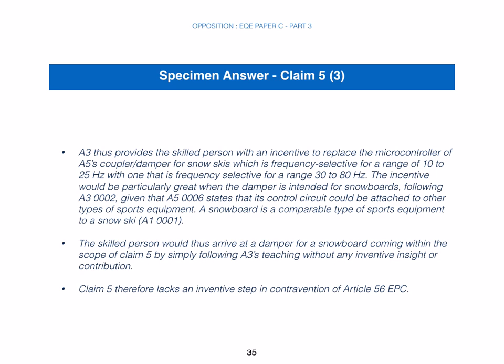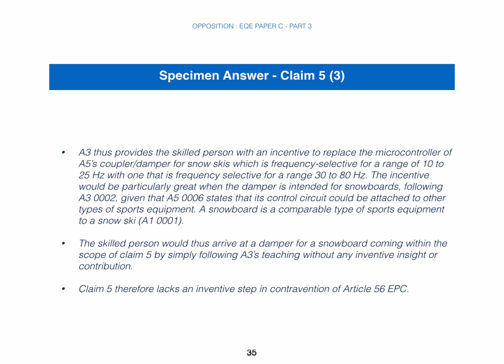The incentive would be particularly great when the damper is intended for snowboards, following A3 paragraph 2, given that A5 paragraph 6 states that its control circuit could be attached to other types of sports equipment. A snowboard is a comparable type of sports equipment to a snow ski, A1 paragraph 1.